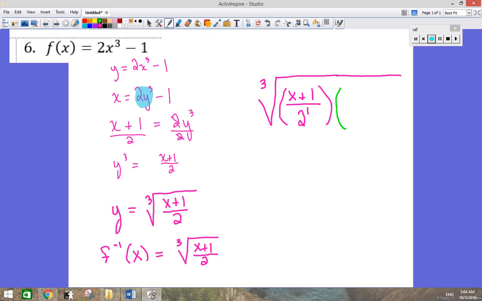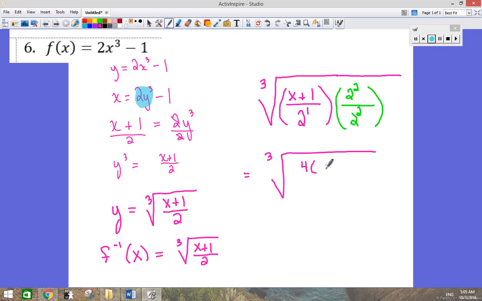But I'm going to write 1 as 4 over 4, or 2 squared over 2 squared. Now, why am I doing that? Well, when you multiply fractions, you multiply straight across the numerator and straight across the denominator. So here I have this 2 squared, which is just 4.